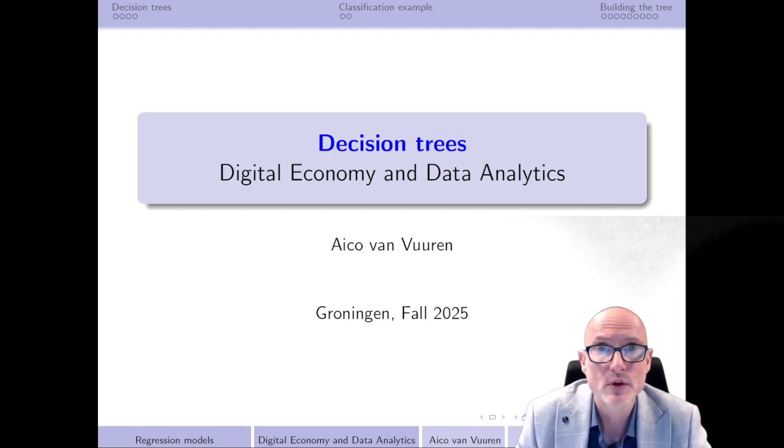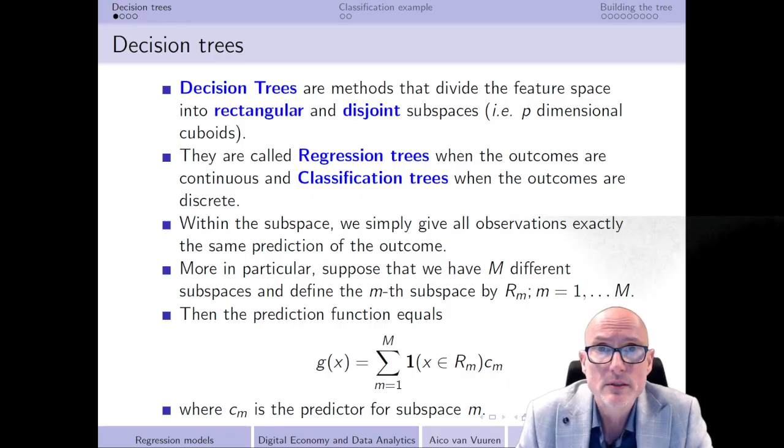Decision trees are methods that divide the feature space into rectangular and disjoint subspaces. These are usually called p-dimensional cuboids. What does that mean? What is a cuboid? Well, a cuboid is nothing else than an interval in a situation in which p is equal to 1, so in the case that we only have one feature.